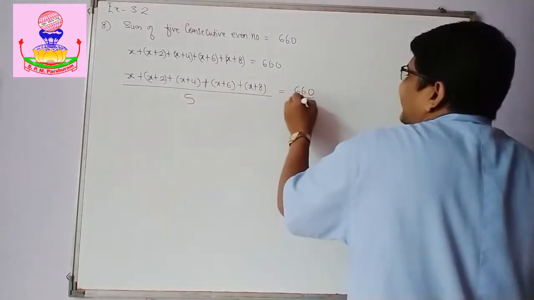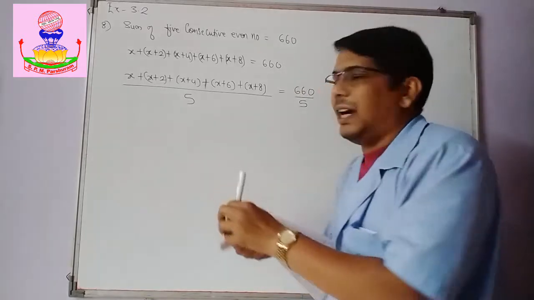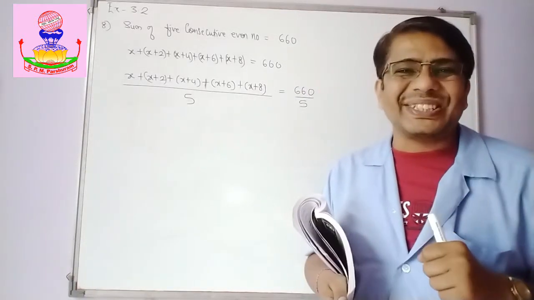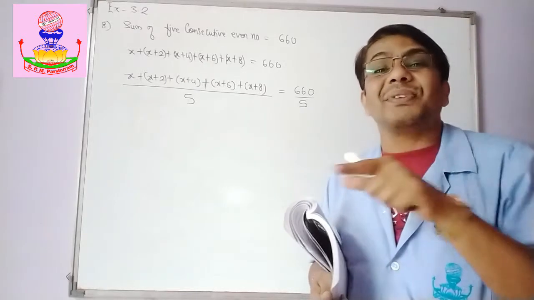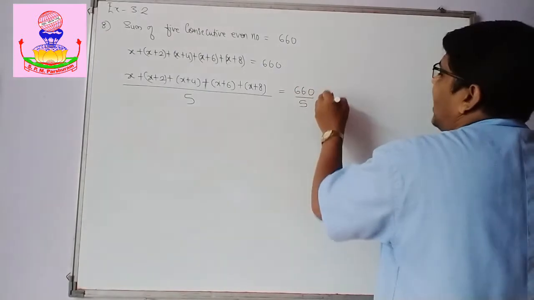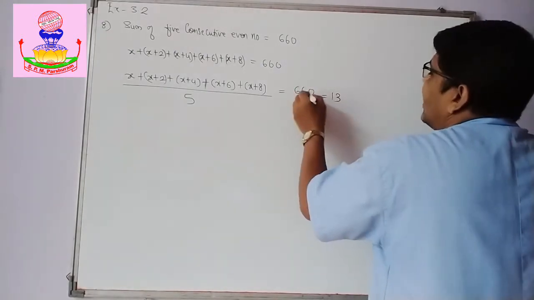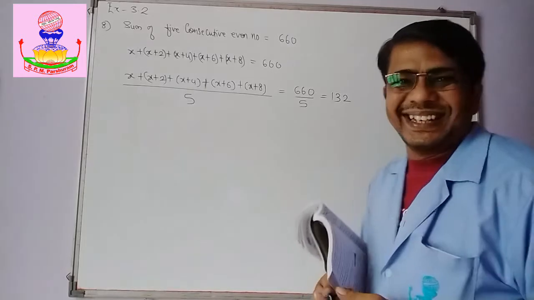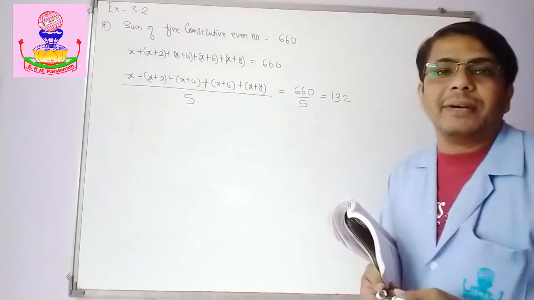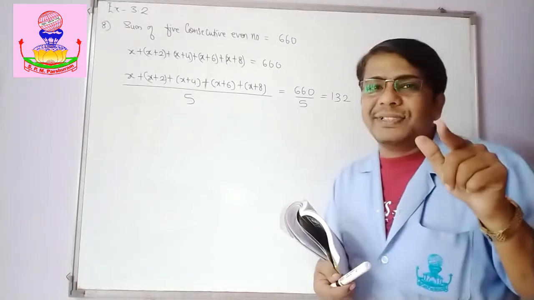So I divide this also by 5. Now when I divide both sides by 5, what is that? Yes, exactly, it is nothing but the average of the numbers. The average of 5 consecutive even numbers. So this will be equal to 5 1s are 5, 5 3s are 15 and 5 2s are 10. That is 132. So the average of 5 consecutive even numbers is 132.